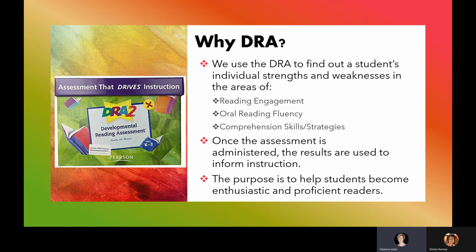And then it moves into oral reading fluency, which takes a look at the speed and the accuracy of student reading. And finally, it shifts into the comprehension skills or strategies of our students, which help us understand how students are making meaning or their ability to demonstrate meaning in the passages that they're reading.